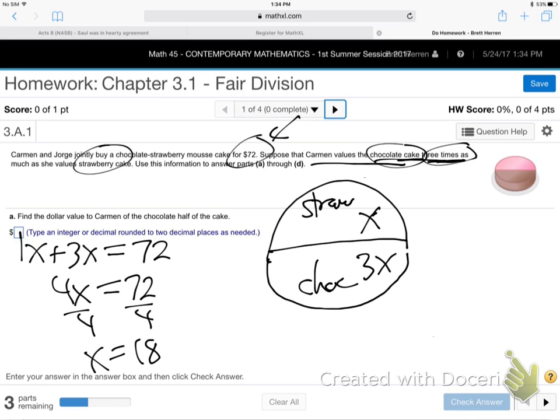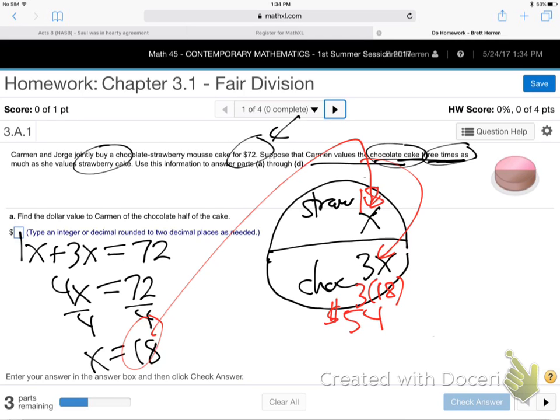Now what does that mean, that x is 18? Well, that means this x is 18, and the other is 3 times 18. Does that make sense? I'm just plugging the x into the two halves of the cake. The strawberry was just x, so it's 18. The chocolate was 3 times x, so it's 3 times 18. Once you get the x answered, you just plug it in. 3 times 18 is 54.